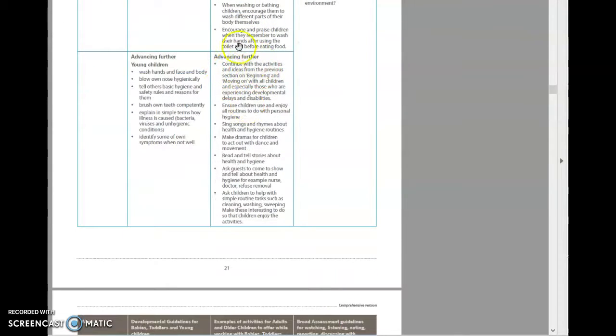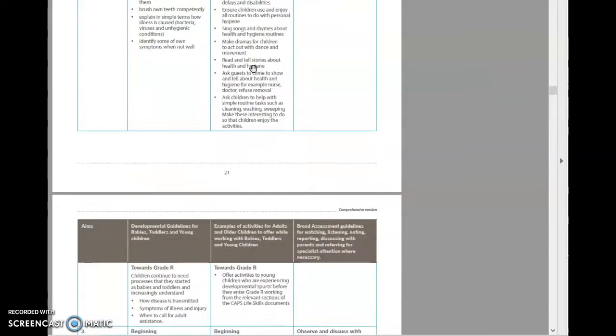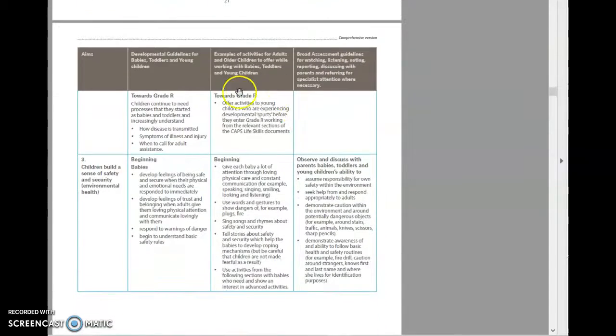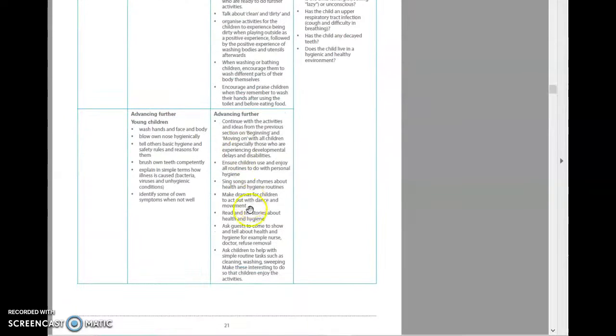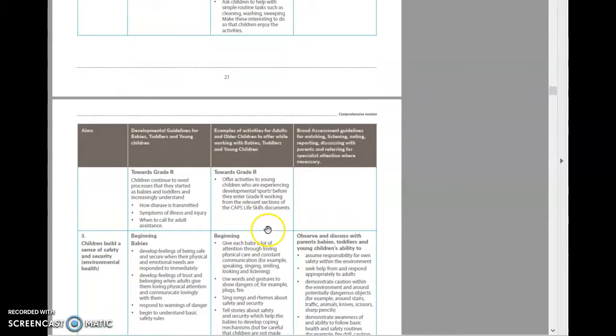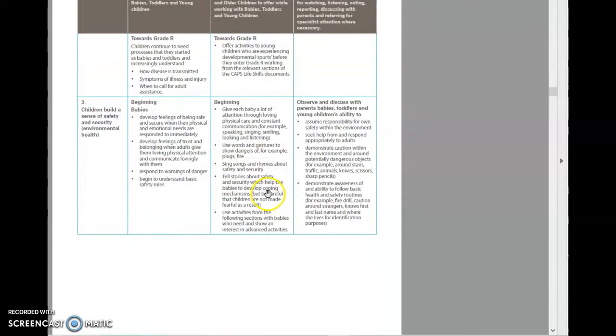Ideas for advancing further, those are the young children of 3 and 4 years old, and then also for towards grade R. But remember, they might say in this specific column that activities for younger children might still be applicable for grade R. You just need to read there.